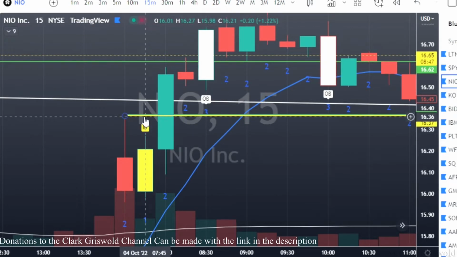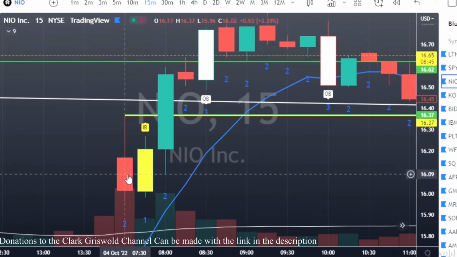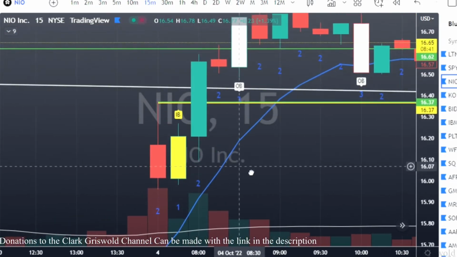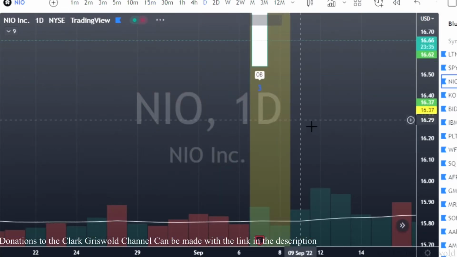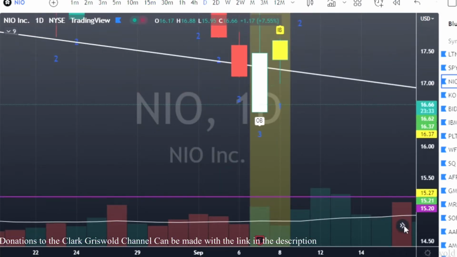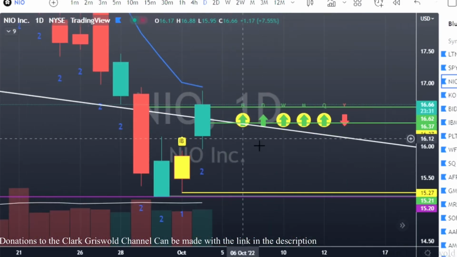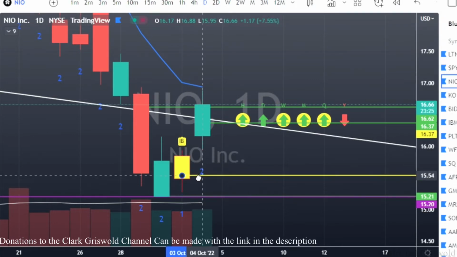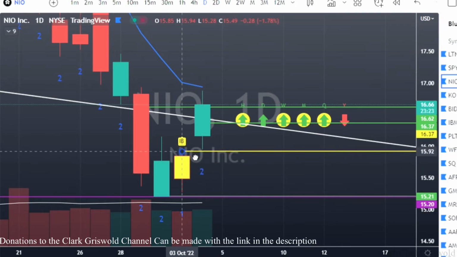NEO originally, so this is the first 15-minute bar on NEO, and we gapped up on NEO from the day. If we go back to the day to take a look, this is where we opened on NEO, right here, which is obviously above that gap.